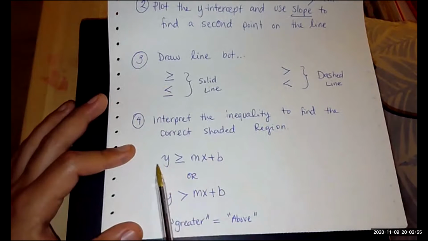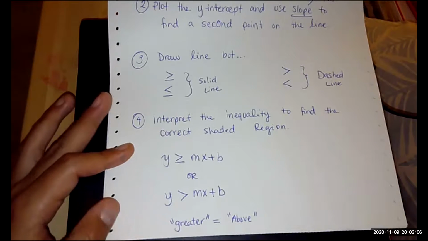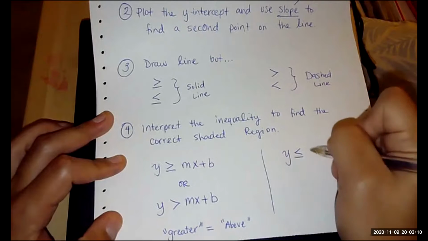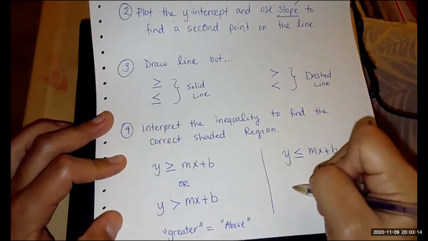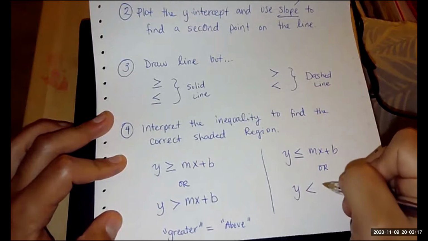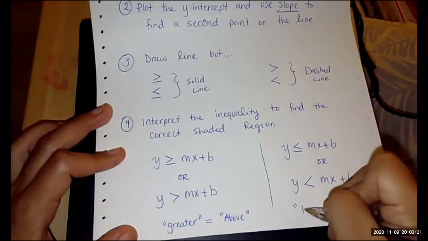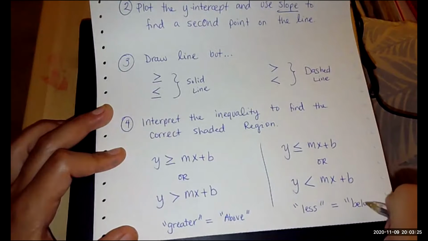If you have an inequality in this form or this form where you have greater than or equal to or just greater than, then you're going to be shading the region above the line. But if you have y is less than or equal to mx plus b, or y is strictly less than mx plus b, then you're thinking to yourself, this is less than, so that means you're going to shade below the line.